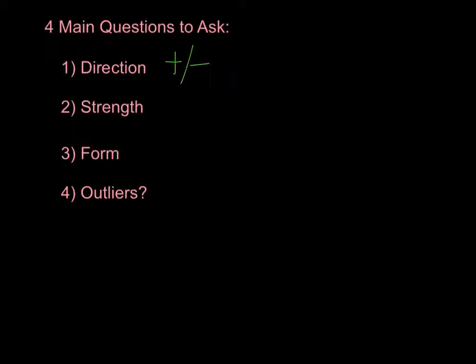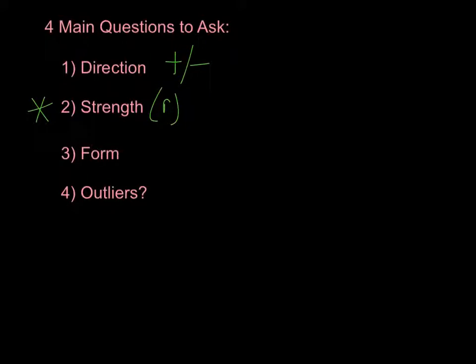Now the strength. I'm going to put a little star here because that's probably one of the main topics in the chapter, at least calculation-wise. For the strength, we're going to use a number. I'm going to use R to denote this, and that's called the correlation coefficient, and I'll get to that in a second.